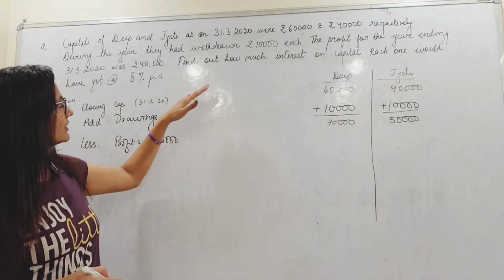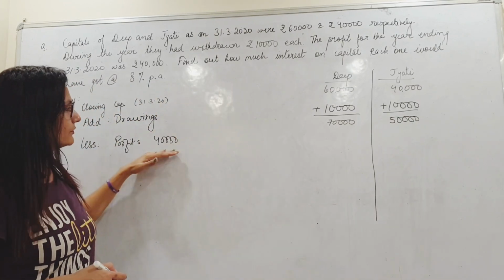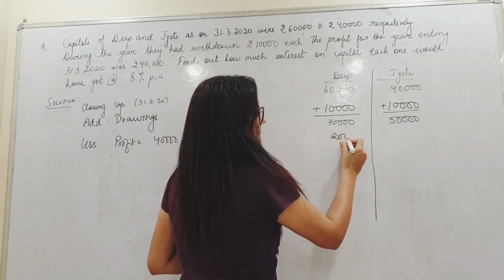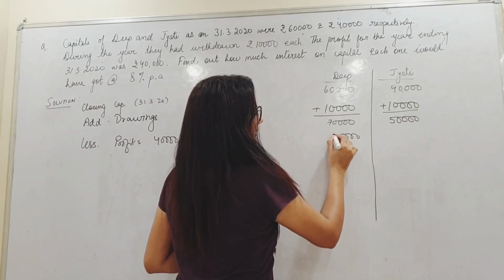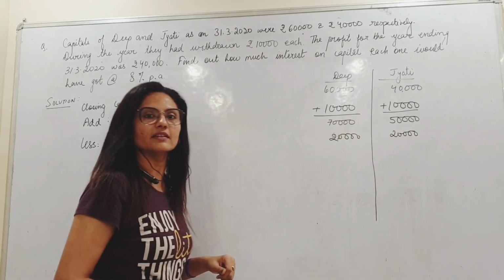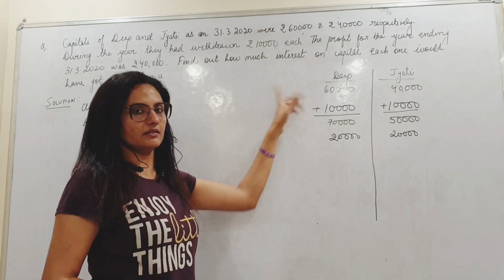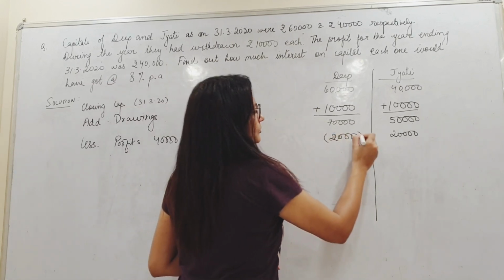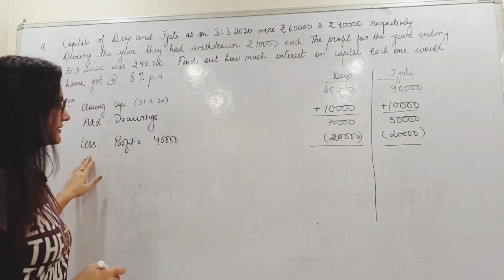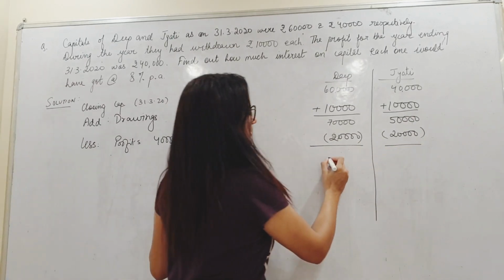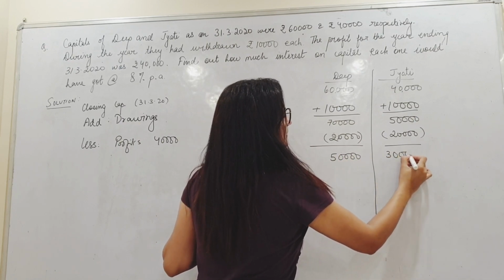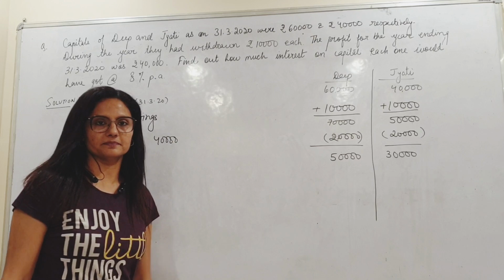So here, अगर ये equally distribute हुआ है तो 40,000 में से 20 गया होगा दीप को and 20 would have been given to Jyoti, right? That would have increased the closing capital. हमको opening capital find करना है. I will subtract it, less the profits given during the year. This makes it 50 and this makes it 30,000.